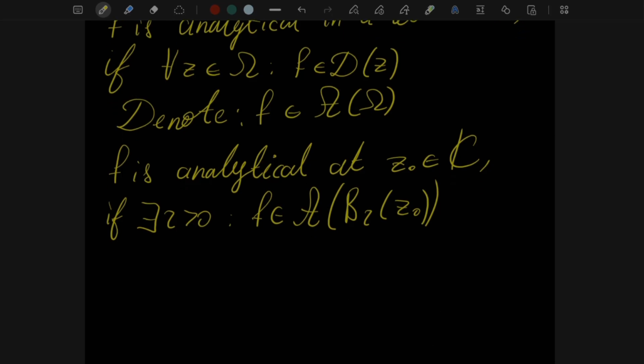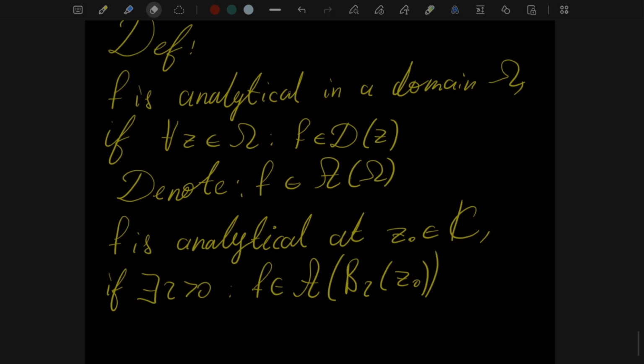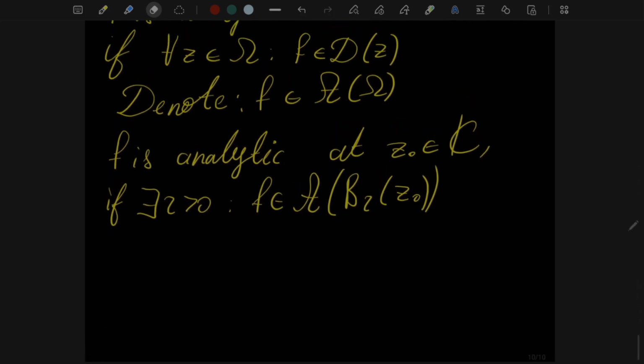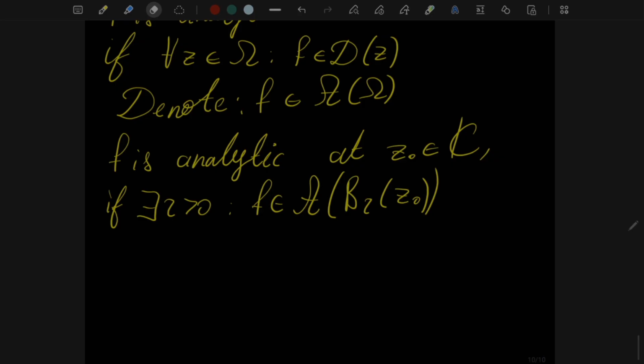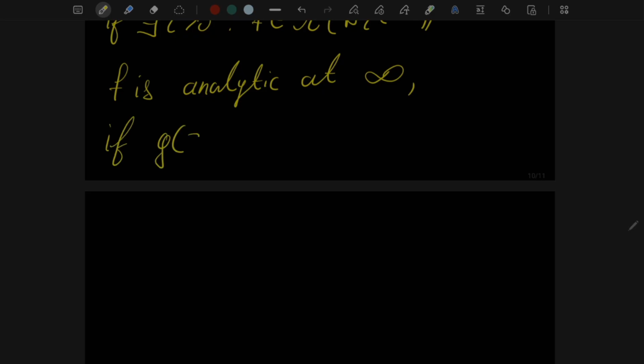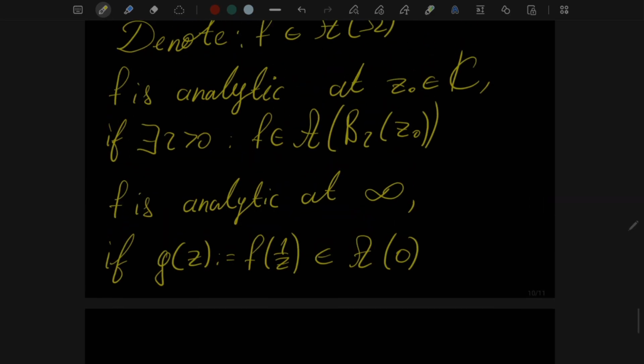And my apologies, I messed up the notation here. We have analytic functions, not analytical. Okay, and we also can define that f can be analytic at infinity. So f is analytic at infinity if f of 1 over z is analytic at 0.